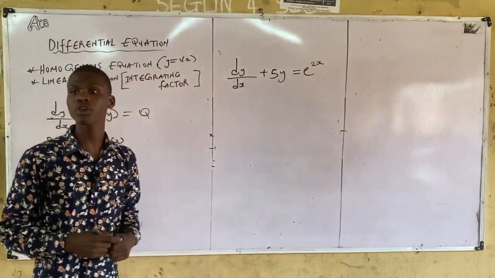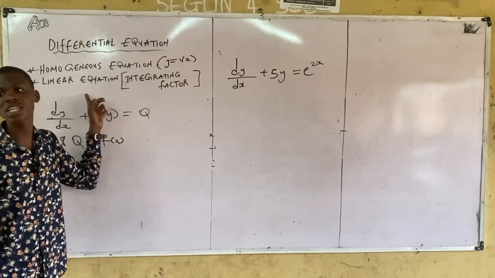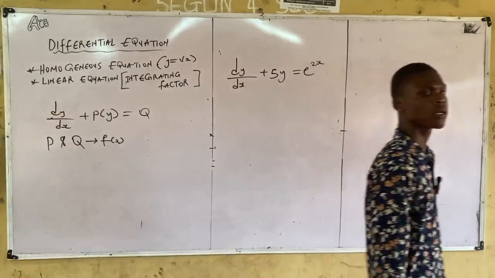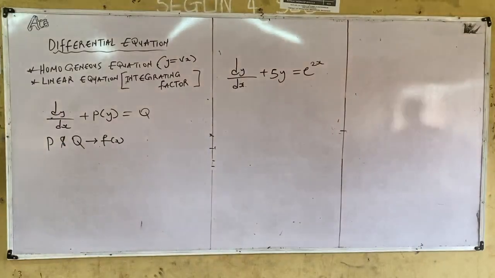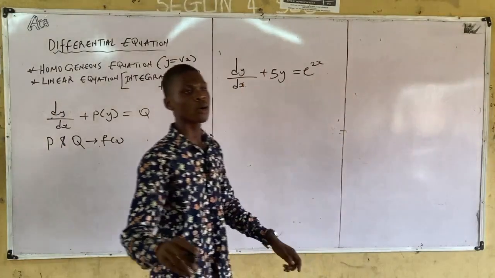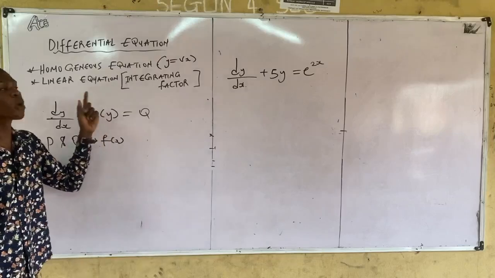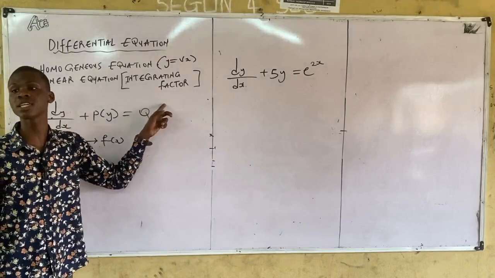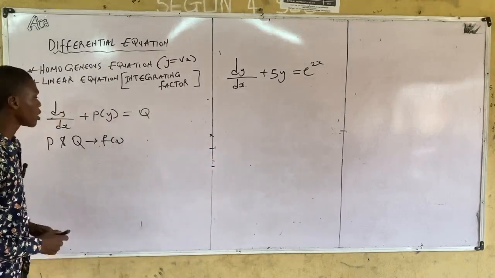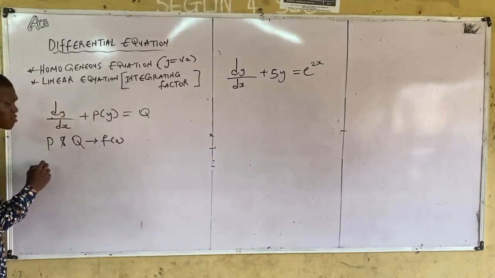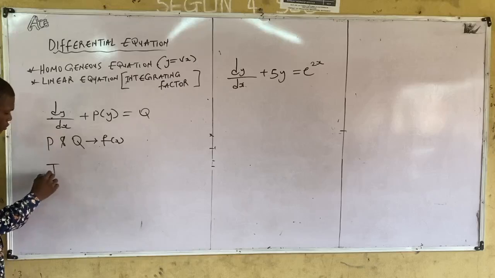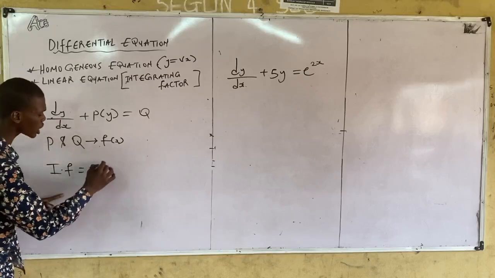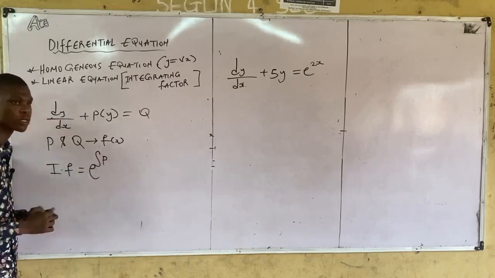We said when we are talking about linear equation, we'll be referring to the integrating factor. Take note of this. The integrating factor is equal to exponential integral of p.